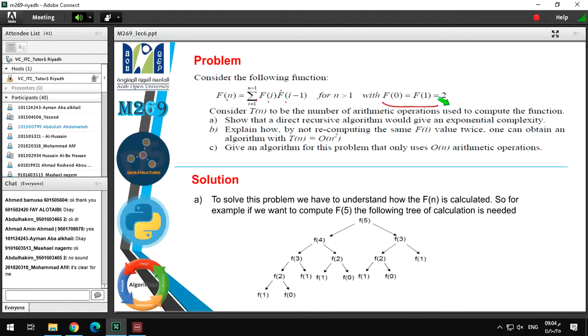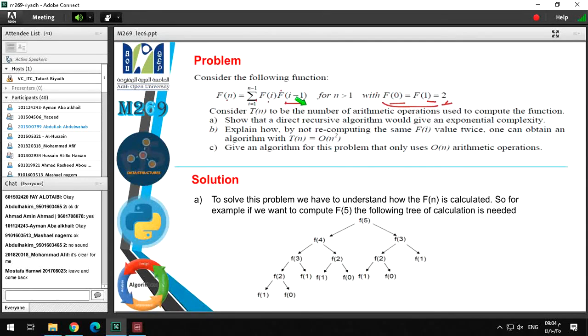So the function will stop when the values of f(0) and f(1) equal 2. There is no more decrease in the value of i once we reach 1 or 0, so both of them will reach the value 2. Now we want to show how this recursive function will have an exponential complexity.